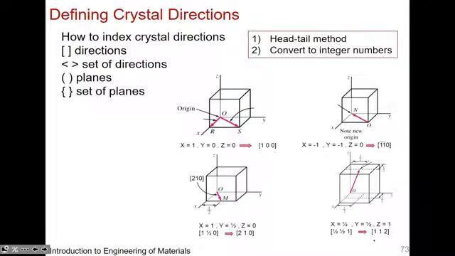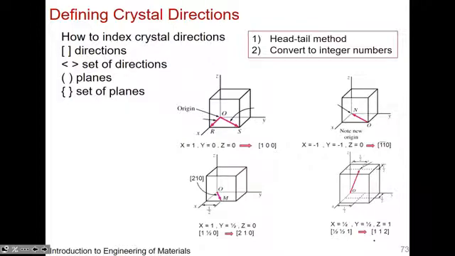If you have colleagues in material science at this institution or other institutions, this is the common way of referring to this methodology. We also like to work in integer numbers. We don't really like fractions. So the method is just to calculate the difference between the head and the tail, and then convert to integers.